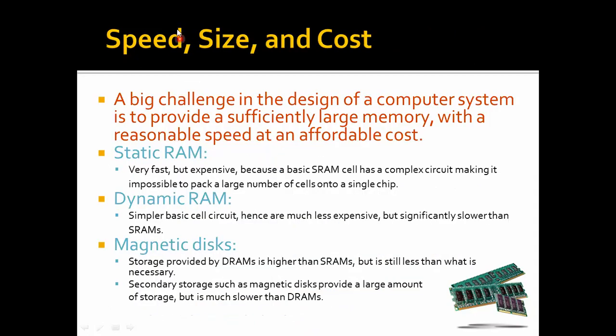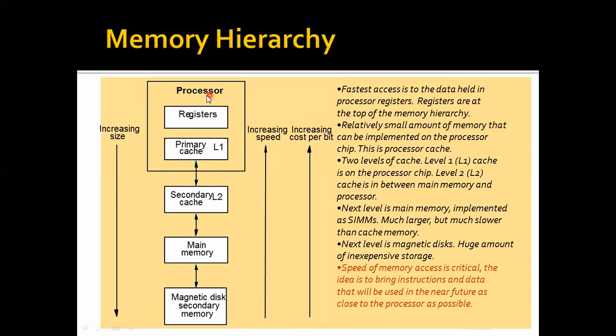If we take the parameters speed, size, and cost, see this diagram. Here the processor is there. In that processor, registers and primary cache will be present. Then secondary cache, main memory, magnetic disk, secondary memory. Here we are taking all the memory elements. The size increases from top to bottom. Compared to cache, the main memory size is very high.